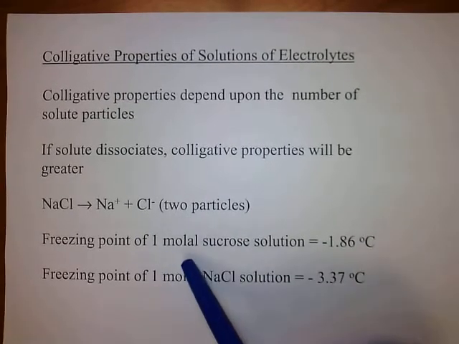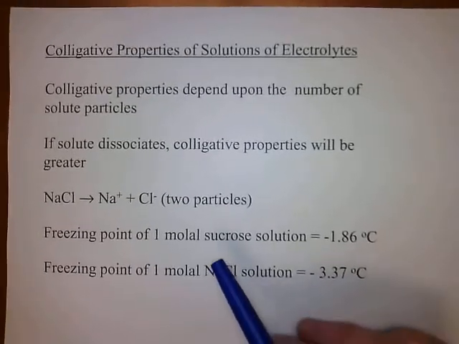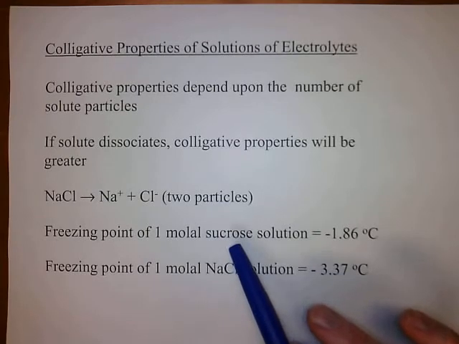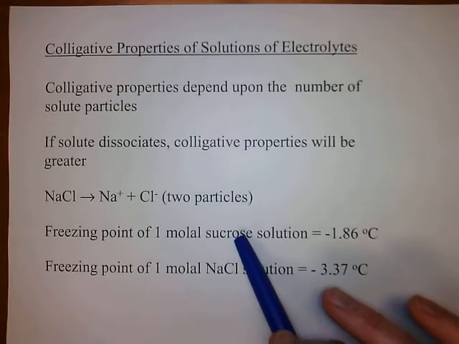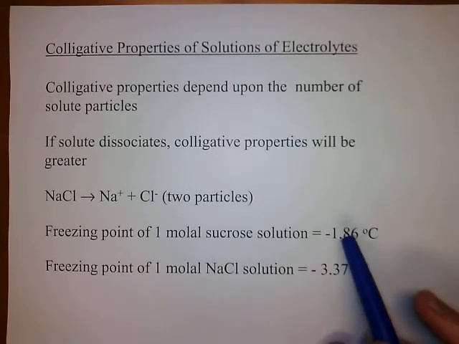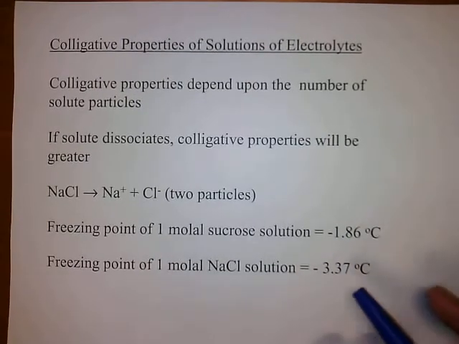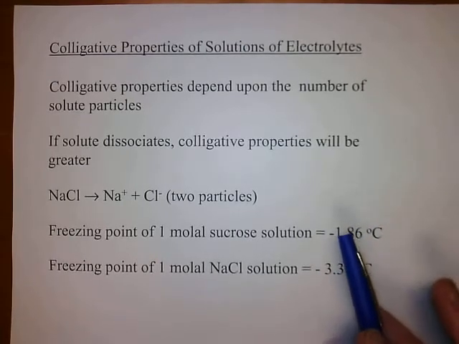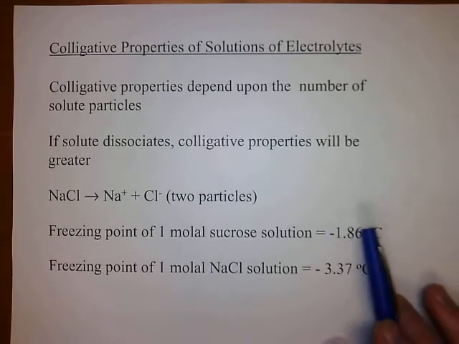So for example, if you measure the freezing point of a 1 molal sucrose solution, right? Sucrose is non-dissociating. It's a covalent compound. It's simply going to be 1.86 times 1, subtracted from 0, because that's the depression, it's minus 1.86 Celsius.